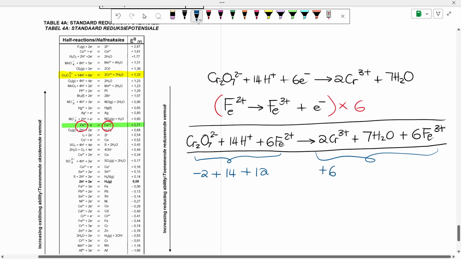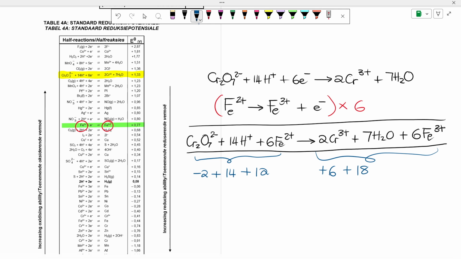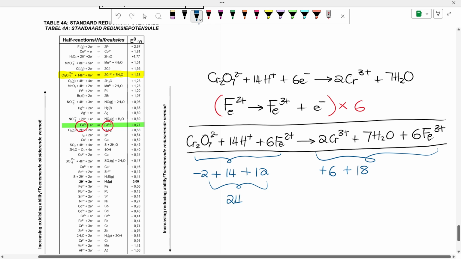I got 7 times 0, that's neutral, so it's fine. I go and say 6 times 3 is 18. Then I'm just gonna add now. So -2 plus 14 is 12, plus 12 is 24 on this side, positive. On this other side, 6 plus 18 is positive 24. So also the charge is balanced. Now I know for sure that I did a correct thing.